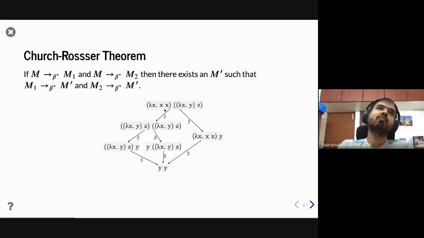So why did I define this particular relation? I am using this relation to express the Church-Rosser theorem. It is an interesting observation. What we saw in those three examples is that whatever way you choose to reduce the expression, you will always arrive at the same final redex.